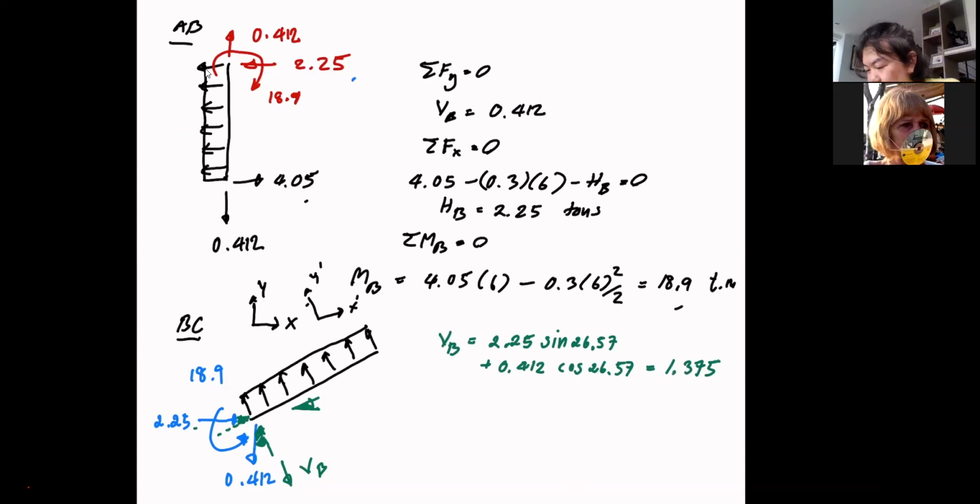Okay, so that is 1.375. Okay, and we can do the same to obtain this one. Okay. Oops, I thought I changed the color. Missed it.